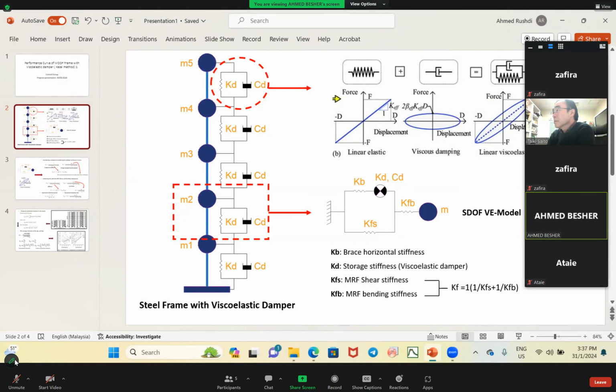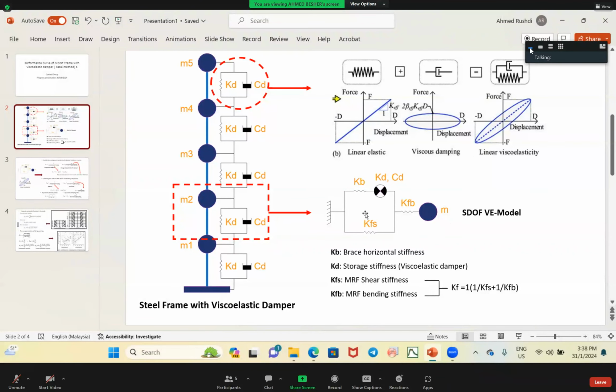So this is the final hysteresis of the viscoelastic damper, and the single degree of freedom viscoelastic model, which is divided into the stiffness of the pressing, and this dashpot is for the damping coefficient of the damper, and the stiffness of the damper. The stiffness of the frame is divided into shear stiffness and bending stiffness.